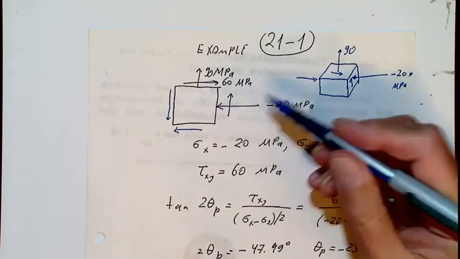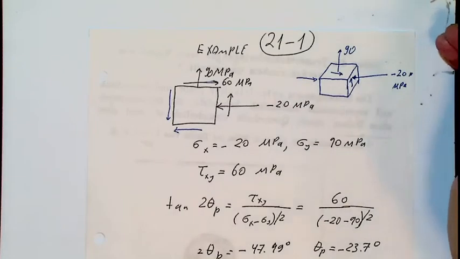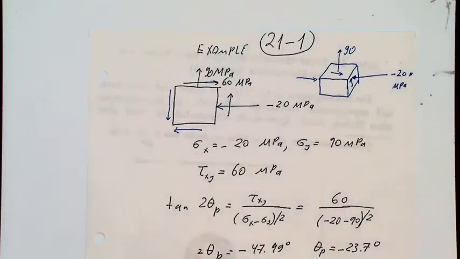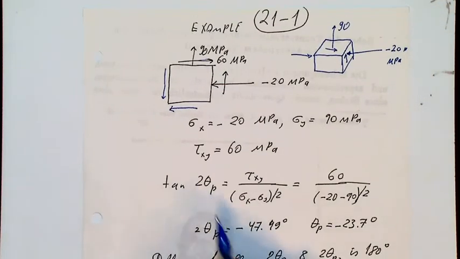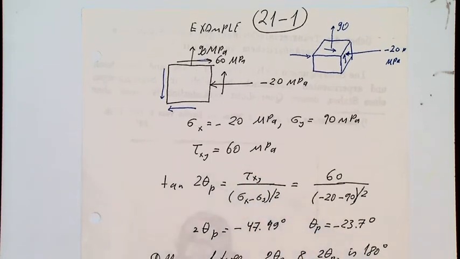And they are attaining a maximum or minimum value, or extremal value. So tangent 2 theta principal equals tau xy divided by sigma x minus sigma y divided by 2.